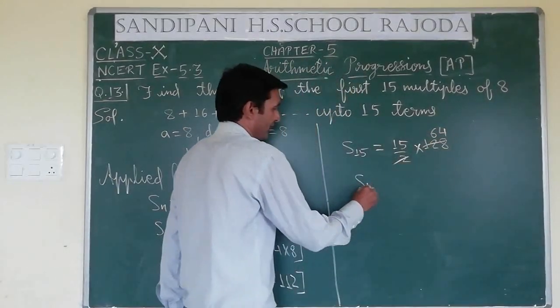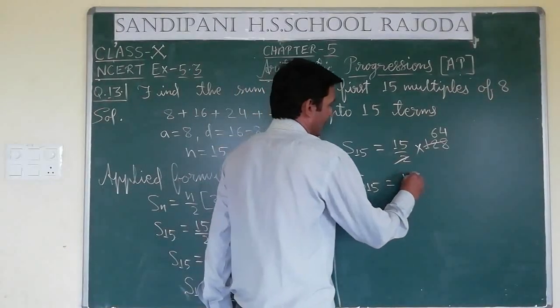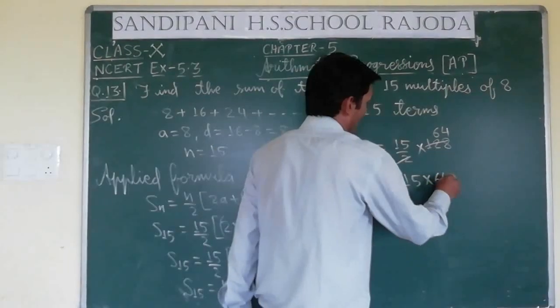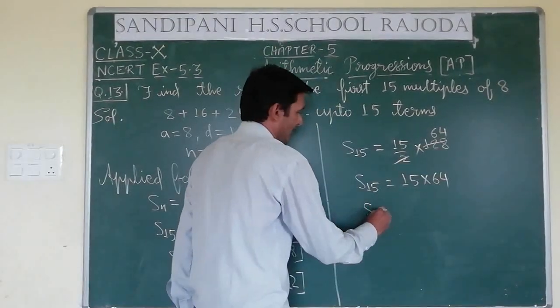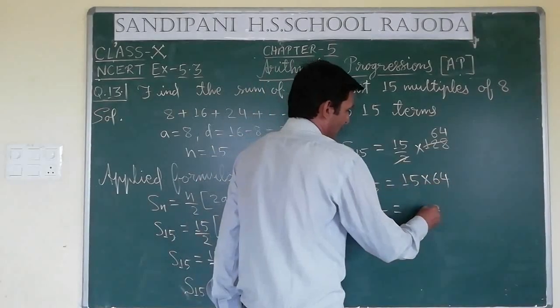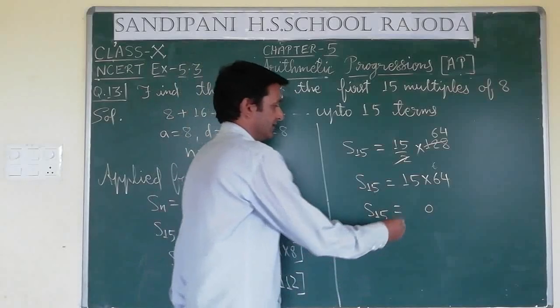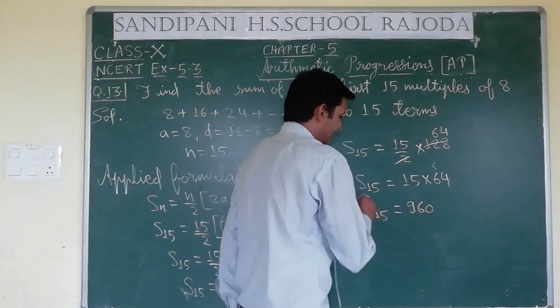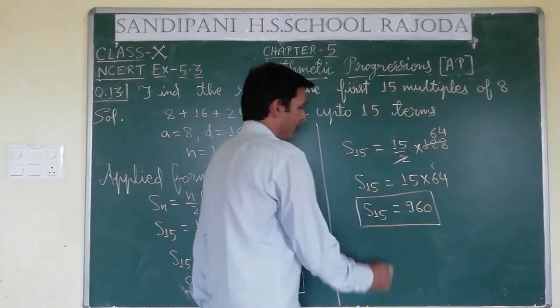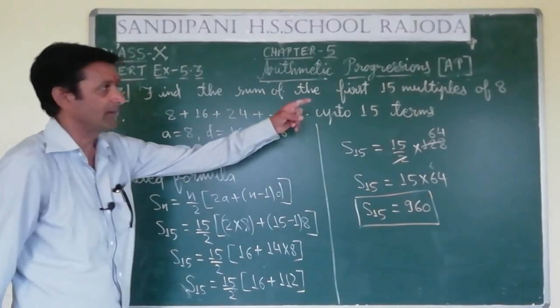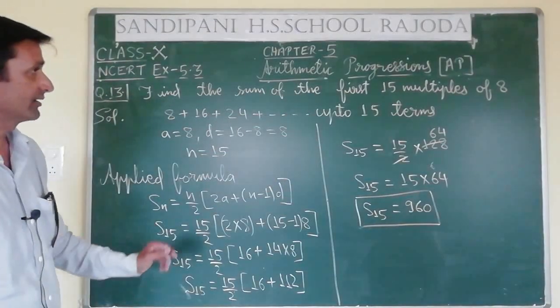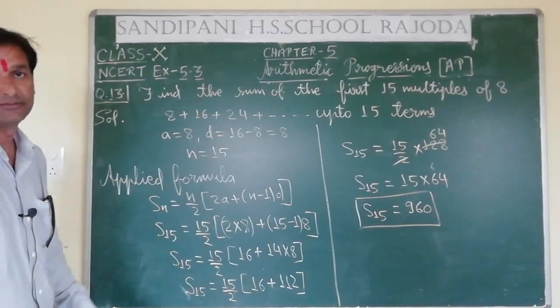So the sum of 15 terms is equal to 15 into 64. So 15 4s are 60 and 15 6s are 90, and 6 is 96. 960 is the sum of the first 15 multiples which are multiples of 8 only.